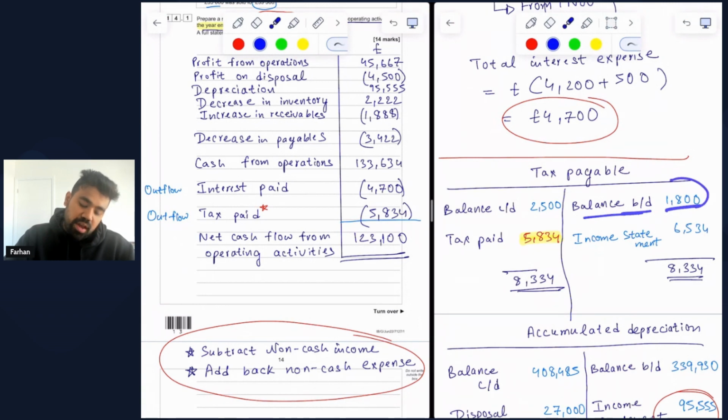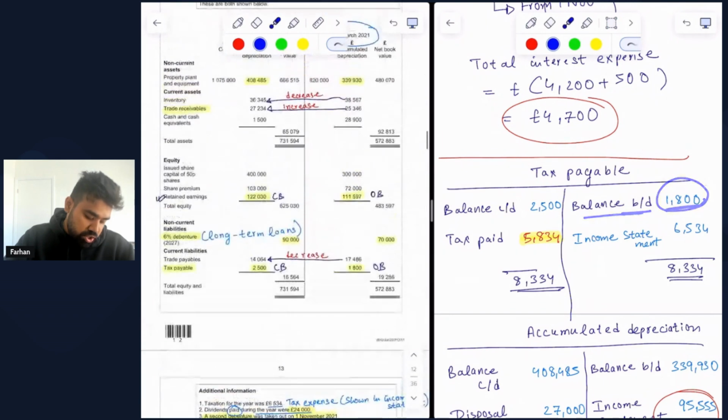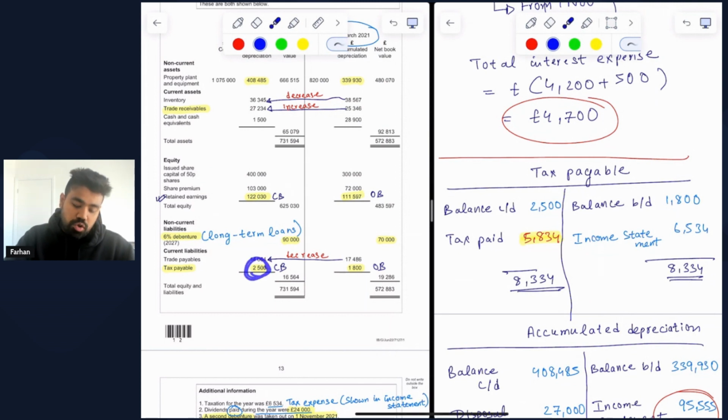And where did I get this £1,800 from? It's mentioned here under tax payable. £1,800 was the balance we had at the end of the previous financial year, which becomes the opening balance for the current financial year. And for the current financial year, the closing balance for the year ending 31 March 2022, we have £2,500 as the balance carried down. So what about this amount?